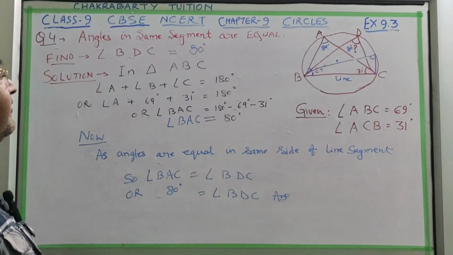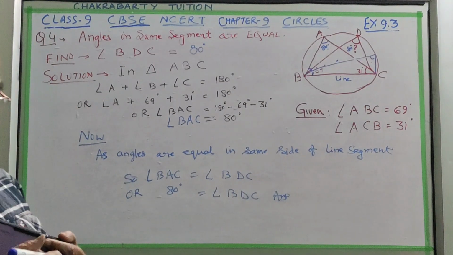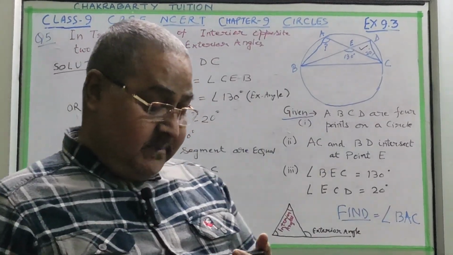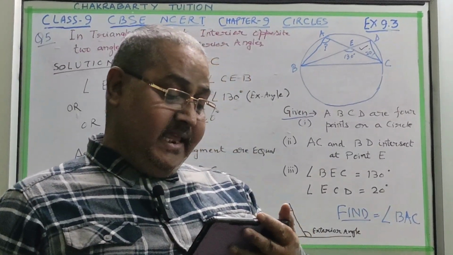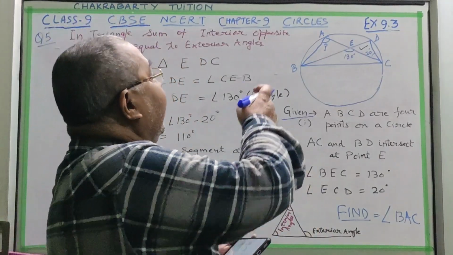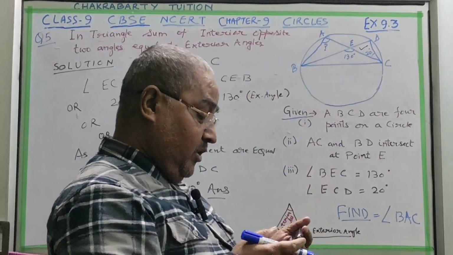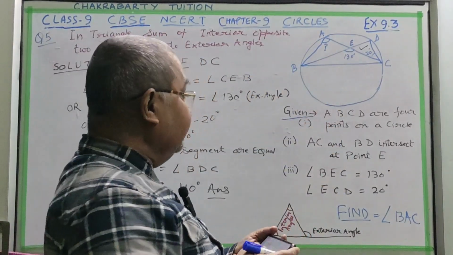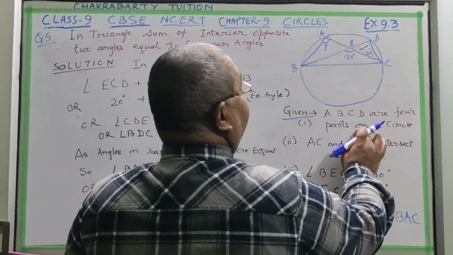Now question number 5 we are going to do. Question number 5 reads: A, B, C and D are 4 points on a circle.